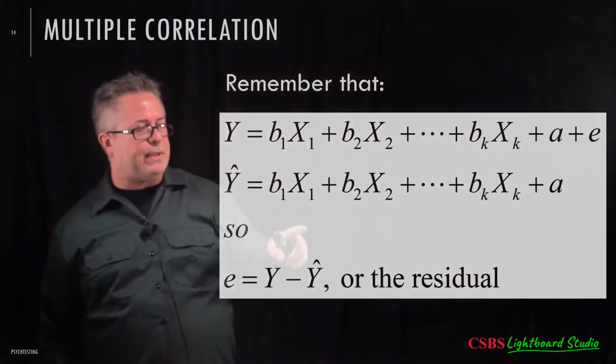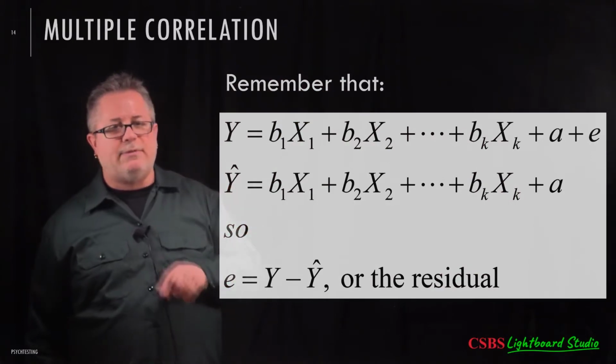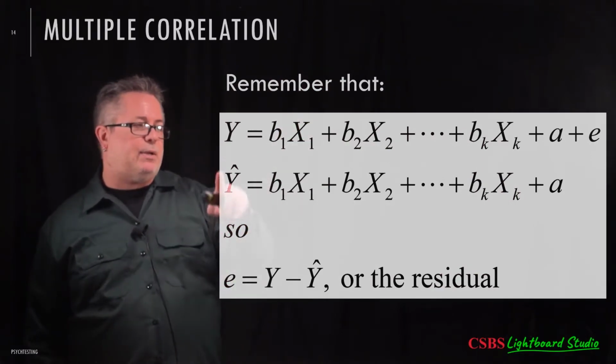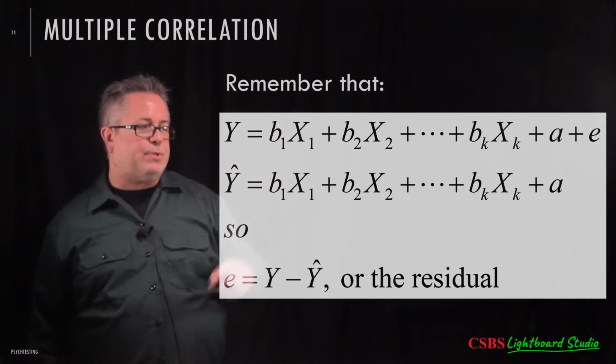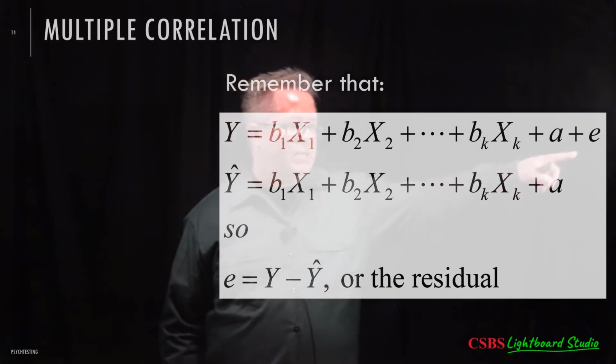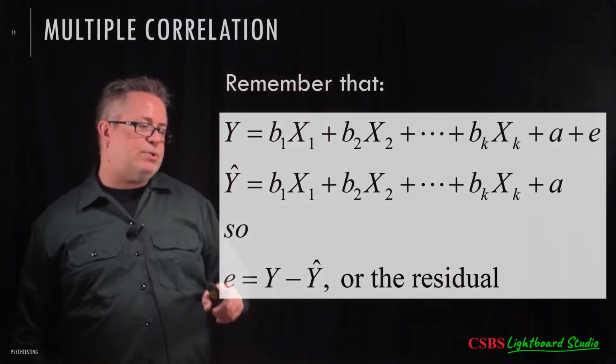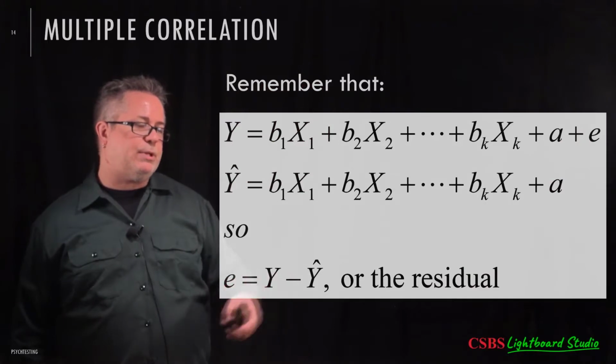We end up having a y predicted value, where the y predicted is the value on the line, and the y value is the actual score. So the difference between these two things, as you can see in the equation, is e. All right, so e, our residual, is just the difference between each score and the predicted score.